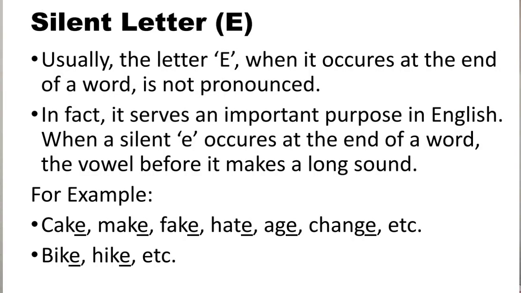The letter A gives a long sound, that is A, make. We have some other examples as well: cake, fake, hate, change, age, etc. And similarly, bike, hike, and kite.